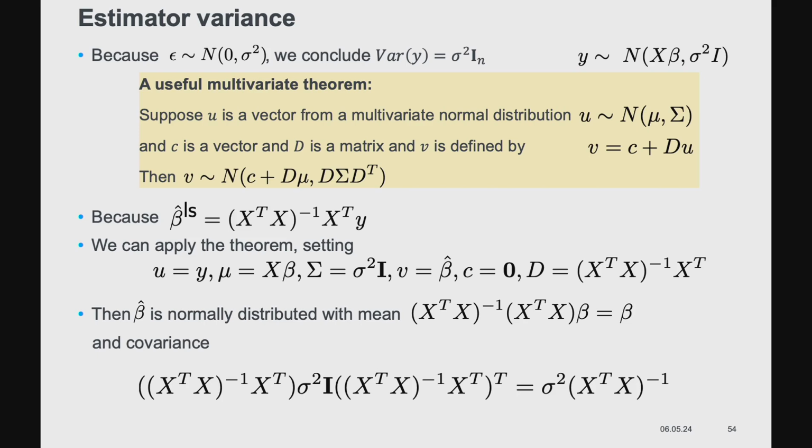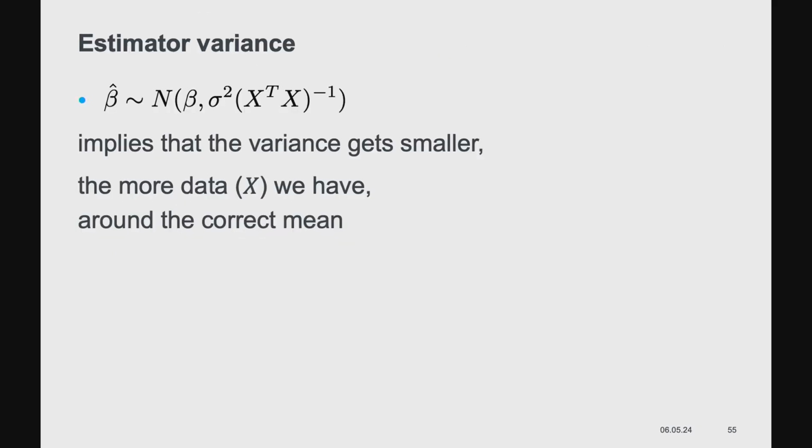So the variance of our beta hat shrinks as we have more and more data observations. Given that the assumptions are true, we get a better and better fit for our beta, as the variance gets smaller the more data we have, the larger our matrix X is.